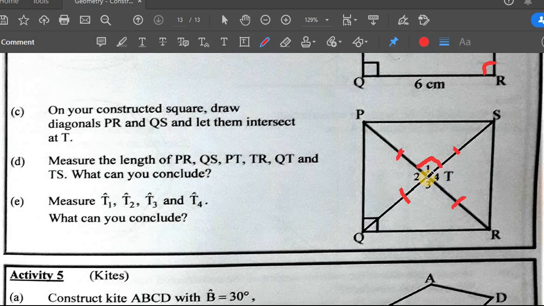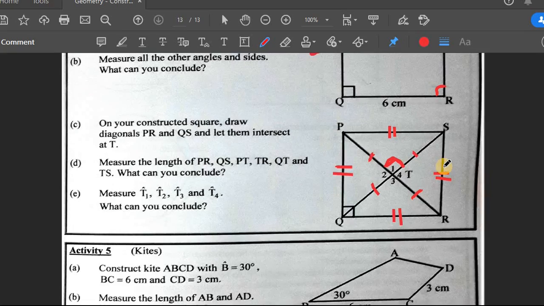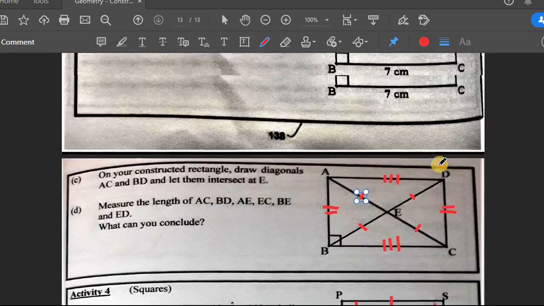So the square has diagonals that meet at a 90-degree angle. This is a 90-degree angle. All sides are equal. This is how I remember it.